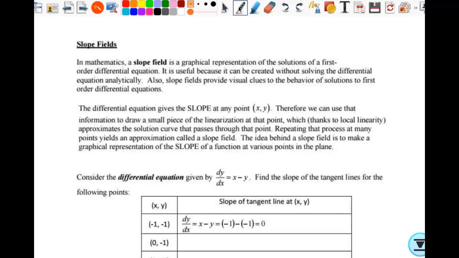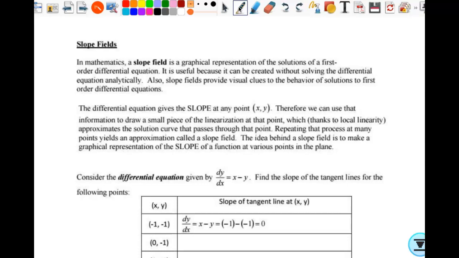All right. So guys, the differential equation, what is a derivative graphically? Slope of a tangent line, slope at a point, right? So the derivative, the differential equation, gives us the value of the slope at any point x, y. So we can use that piece of information to draw tiny little pieces of these tangent lines at many points.